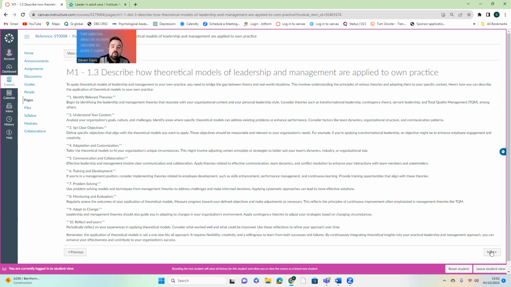I digress. 1.3 then, we need to describe how theoretical models of leadership are applied to your own practice. So thinking about 1.1 and 1.2, thinking about you within your service, what I want you to do here is just think about how these relevant theories play out within your role. So when we look at identifying relevant theories, here you can identify your leadership and management theories.